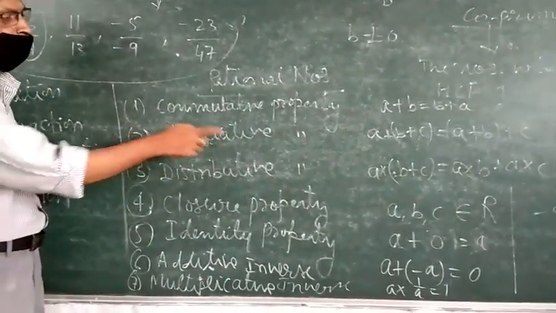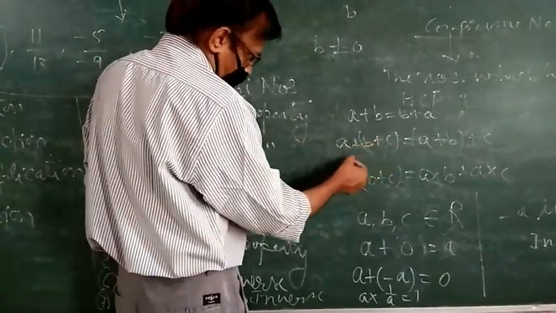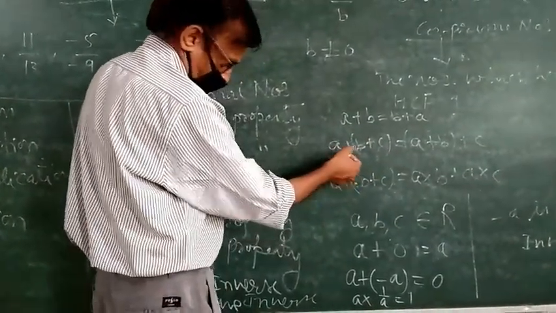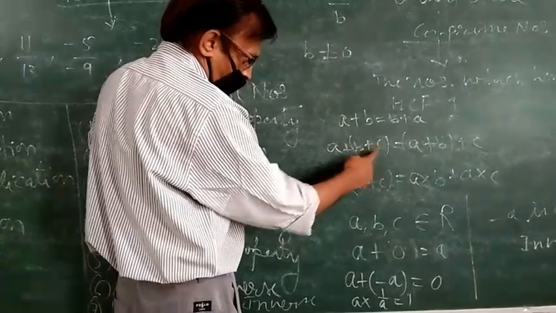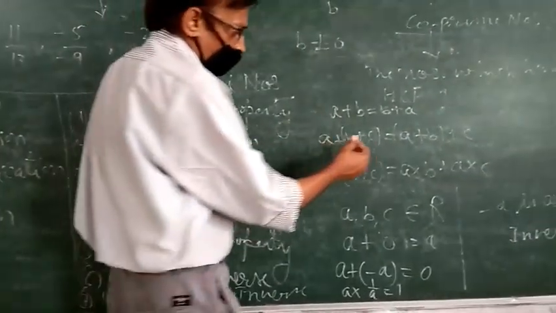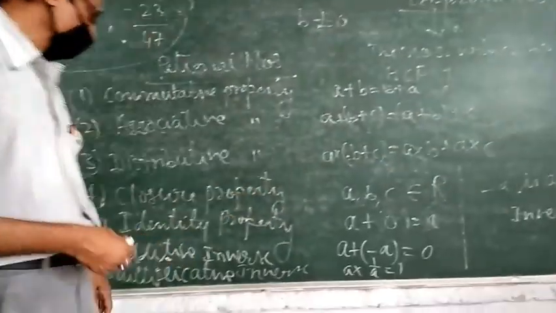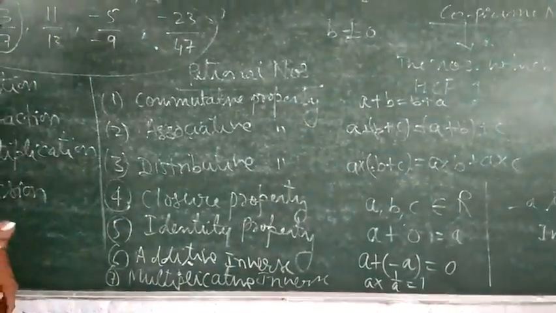Second, associative property. If we take 3 rational numbers and add them second to third and then first, the answer is the same as if we add them first to second and then to third. So the answer is the same. This is called associative property.